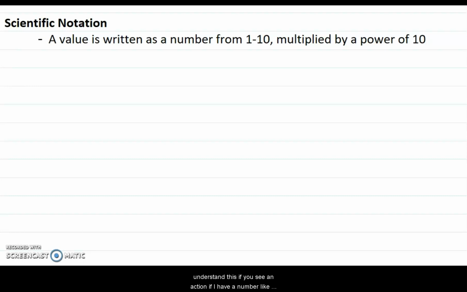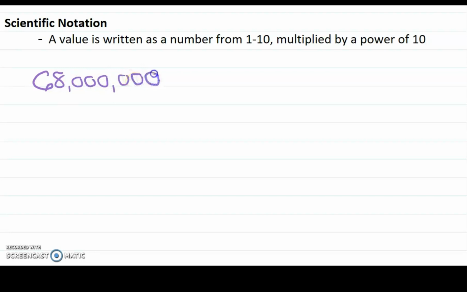If I have a number like this, right, so 68 million, that is a big number and a lot of zeros. In scientific notation, the way that I would write this is I would write it as 6.8, right, that's a number between 1 and 10.